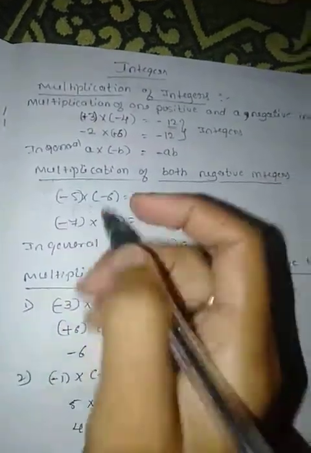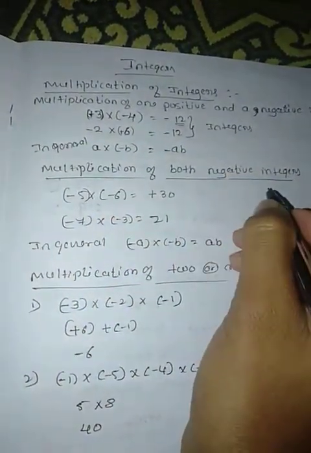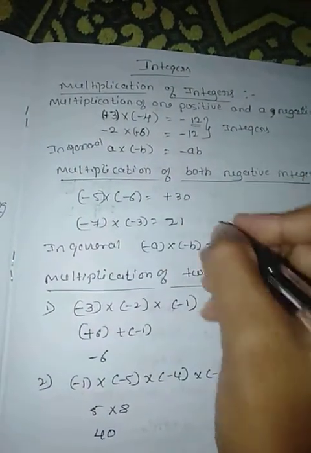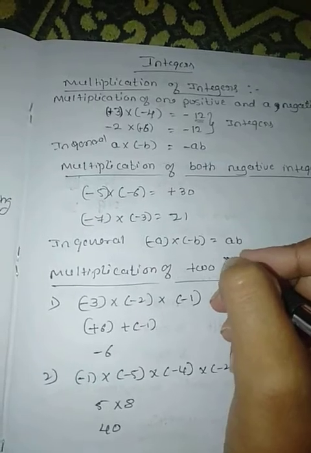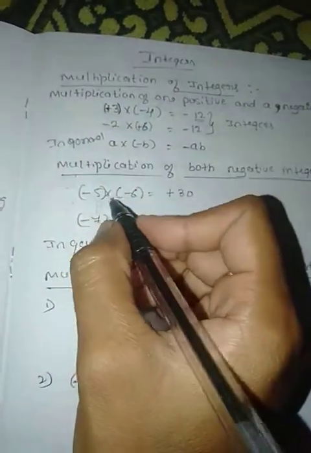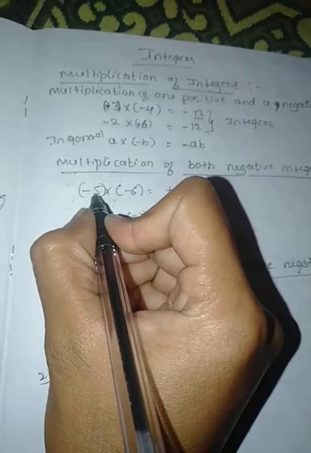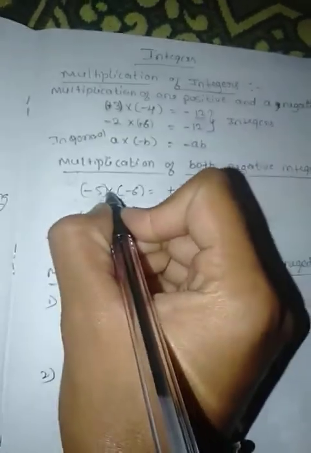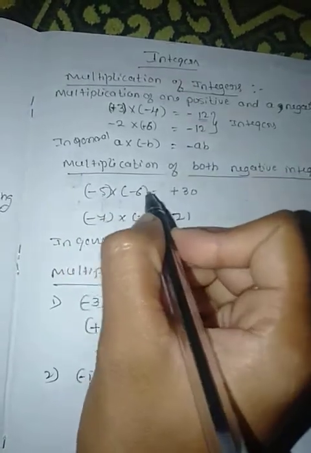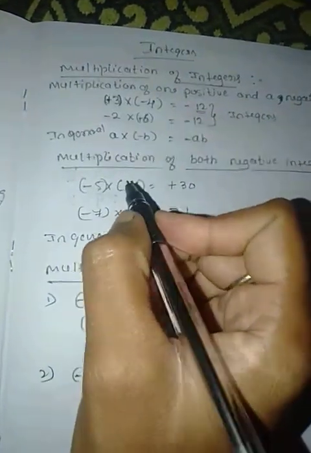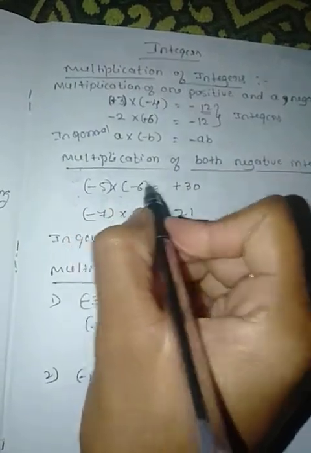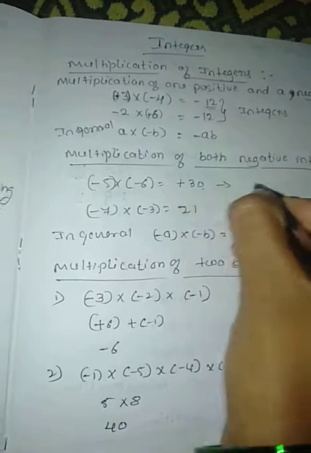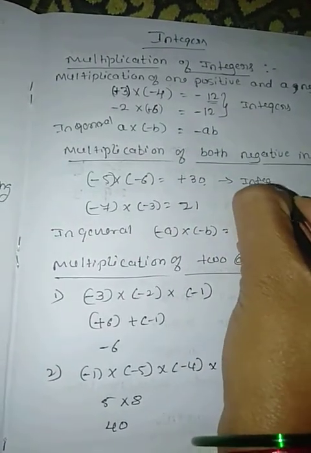The next one is multiplication of both negative integers. When we multiply two negative integers, what will be the product? Here I will take an example, one negative integer minus 5 and the other negative integer minus 6, and this is multiplication. First we multiply the sign, minus into minus is plus, 6 into 5 is 30. This is a positive integer.